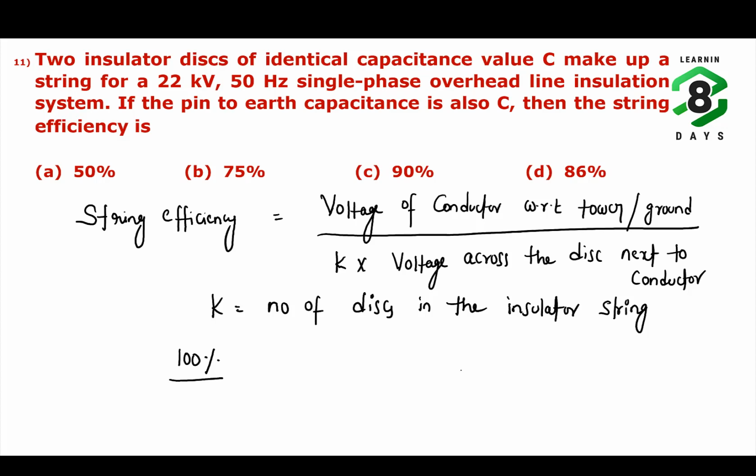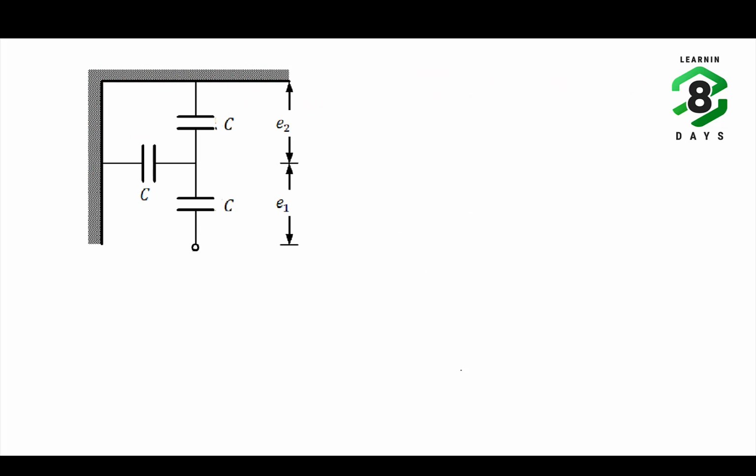Okay. Now, if you look at what is given in the problem, it is a single phase transmission line. So what is the voltage of the conductor? Voltage of the conductor with respect to ground is 22 kV. Now he is asking what is the string efficiency. To calculate string efficiency, what do we have to calculate? We have to calculate E1 value.